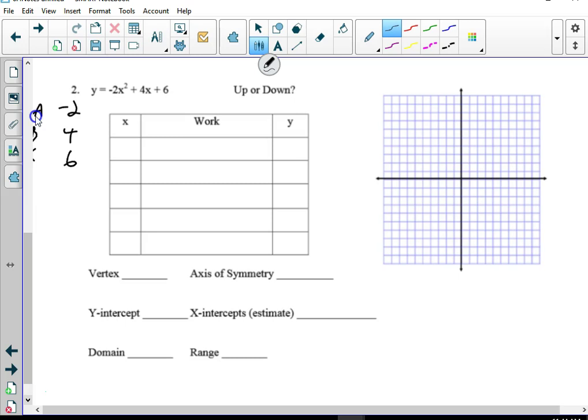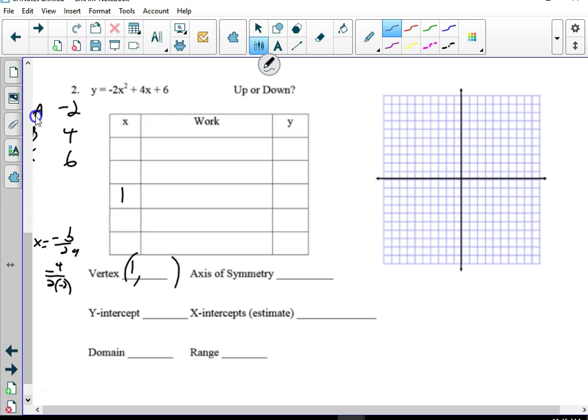Now, I need that to find out the vertex. And remember, for the vertex, x equals the opposite of b over 2a. So, the opposite of 4 over 2 times -2. The opposite of 4 is -4. 2 times -2 is -4. -4 divided by itself is 1. So the vertex is 1 comma something.